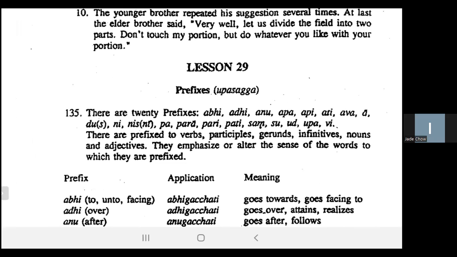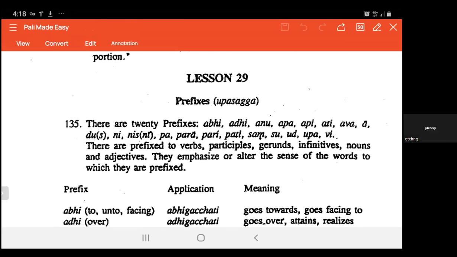Abhi, adhi, anu, apa, api, ati, ava, dus, ni, pa, para, pari, pati, sam, su, upa, vi.